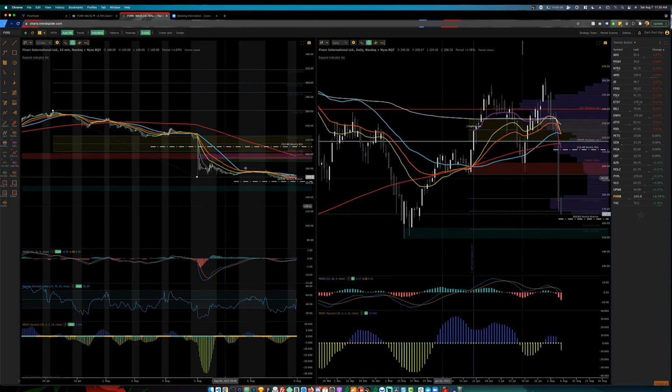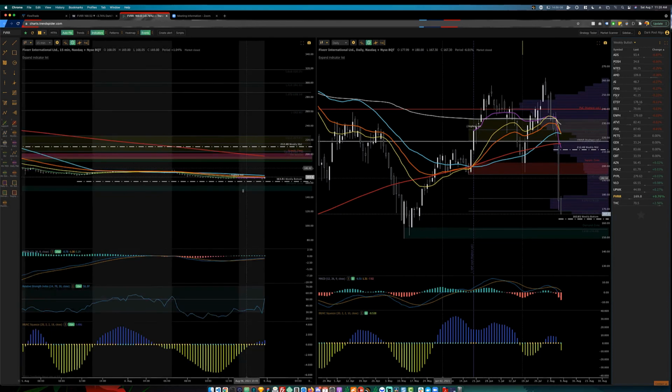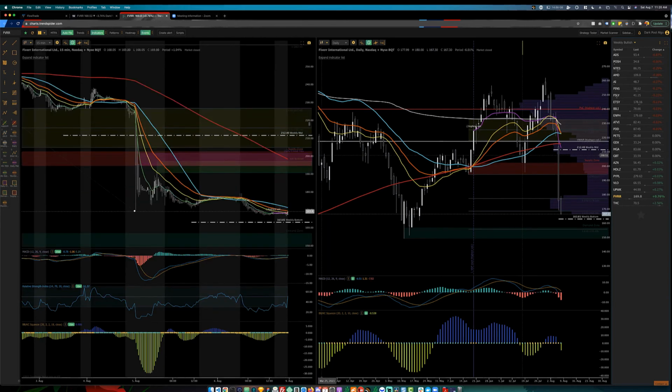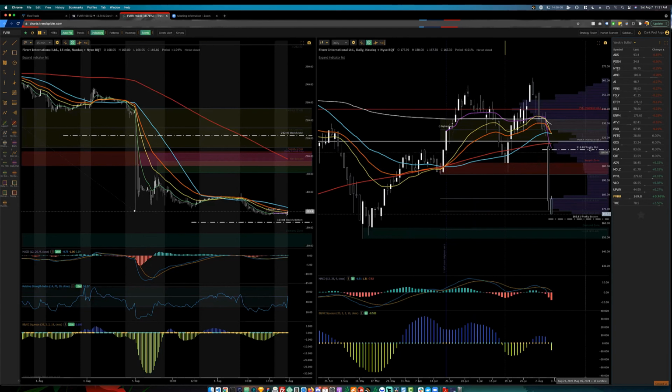There we go. So we've got some targets. We've got a supply zone. We got a daily cloud top. We've got a 200 SMA. We've got the 4-hour bottom, right? Which all lines up with a move to VWAP, highest point of control. So this looks pretty good for Fiverr.